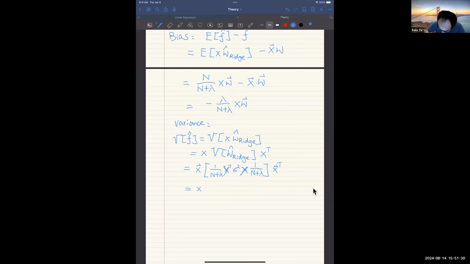This becomes x transpose x times n over (n plus lambda) squared times sigma squared. So this is equal to n sigma squared over (n plus lambda) squared times the norm of x.